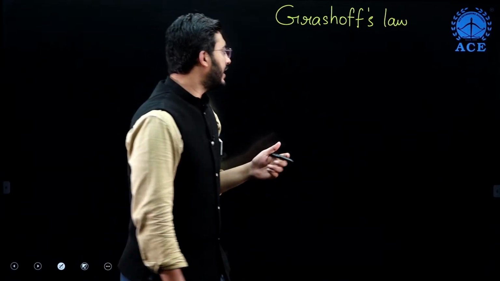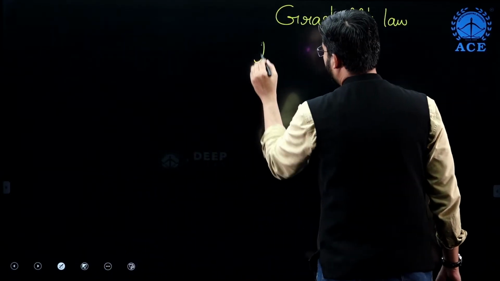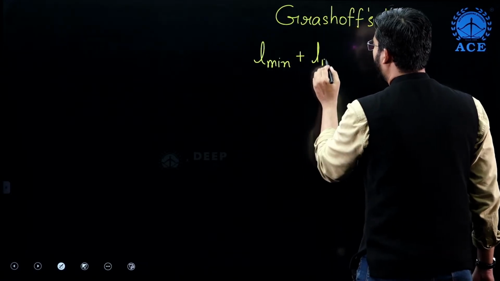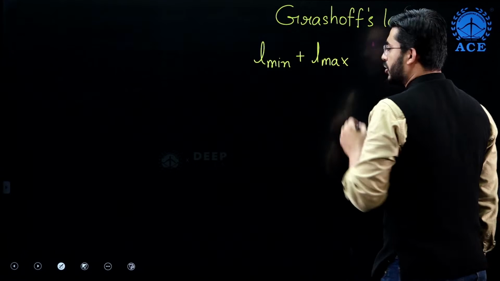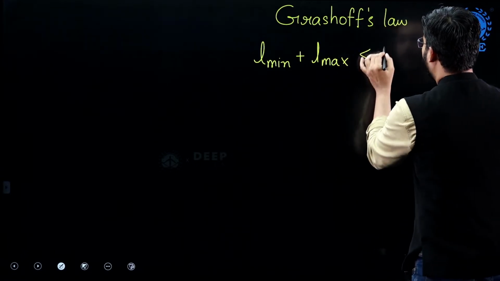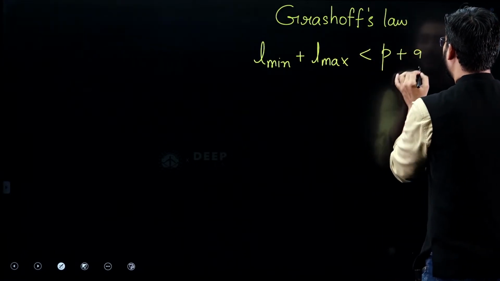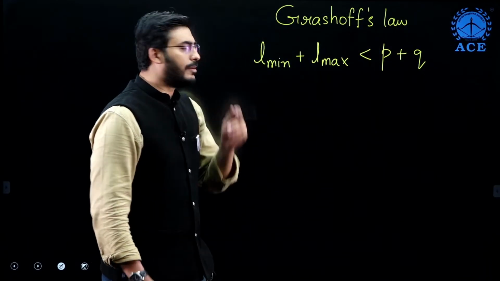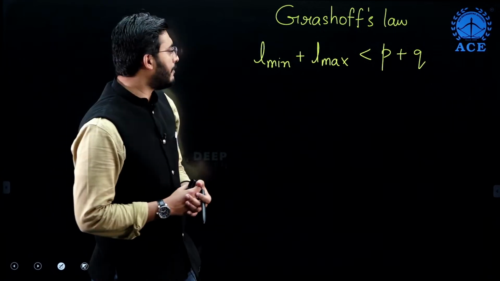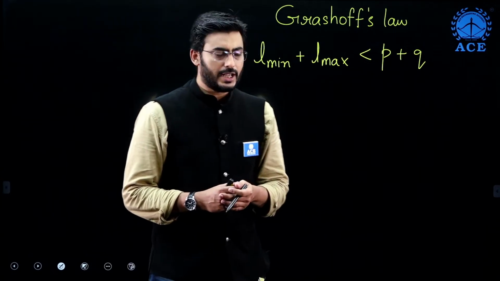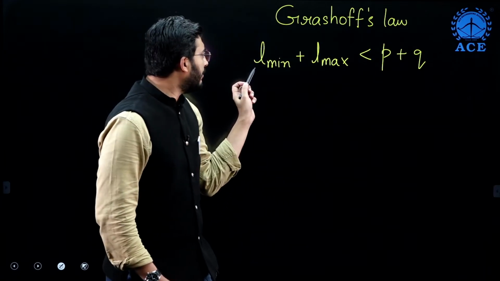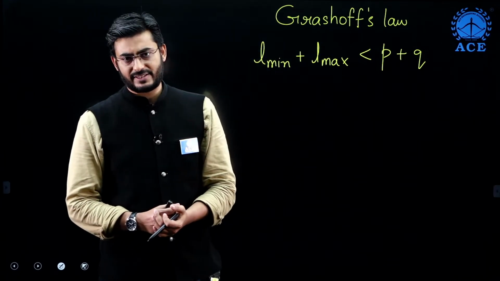Here, Grashof's law states that the summation of the shortest link, that is L minimum, plus the longest link, L maximum, should be less than or equal to the summation of the links of other lengths, P and Q, which are the values of those links lying between L minimum and L maximum.